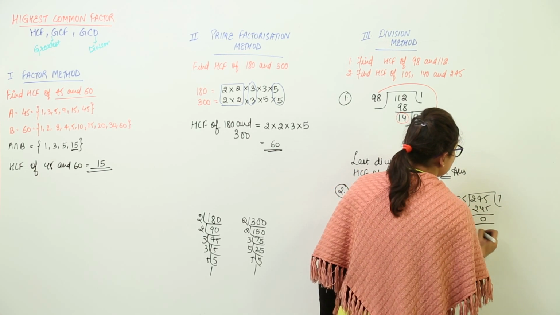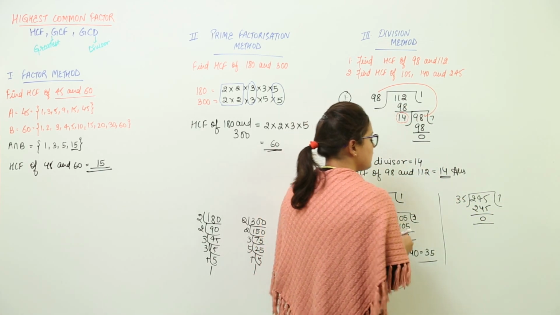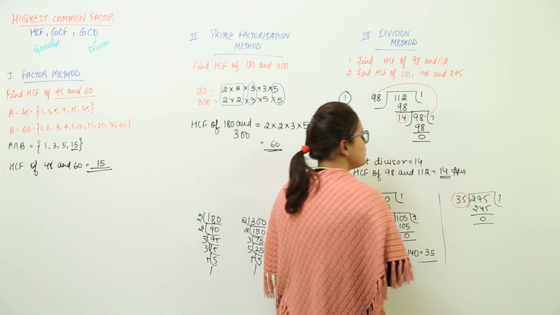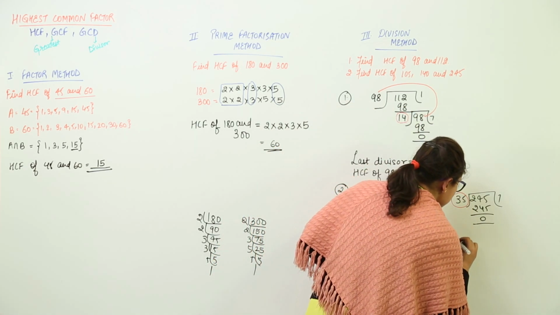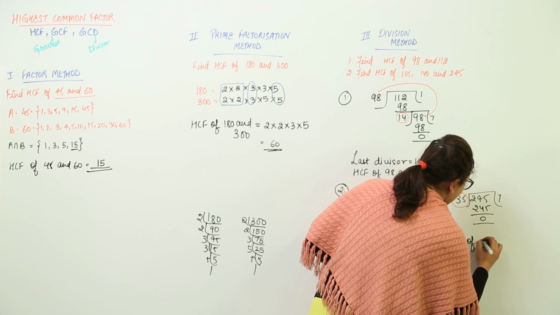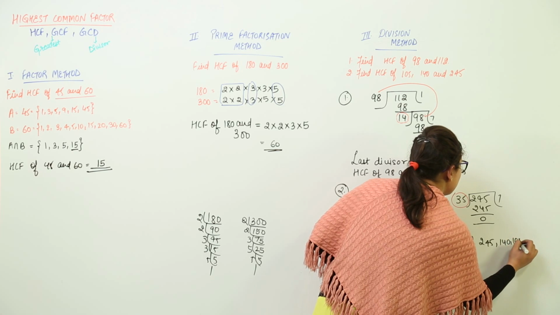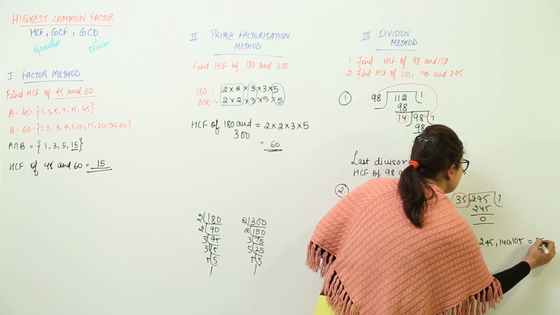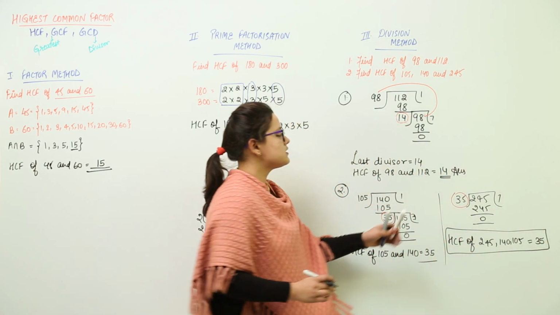So now we have got 0 again. So what was the last divisor for this? The last divisor was 35 only. So we can come to the conclusion that the HCF of 245, 140 and 105 is equal to 35, as it is common for both this division as well as the other division.